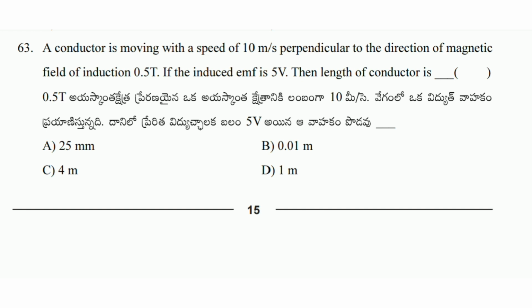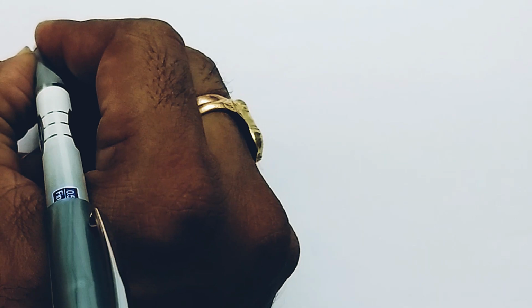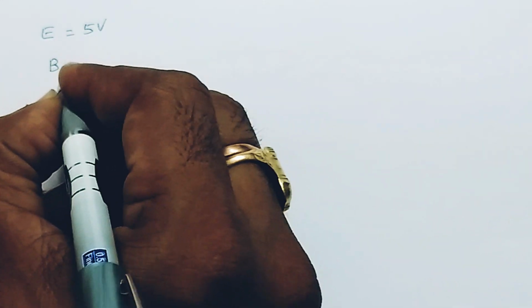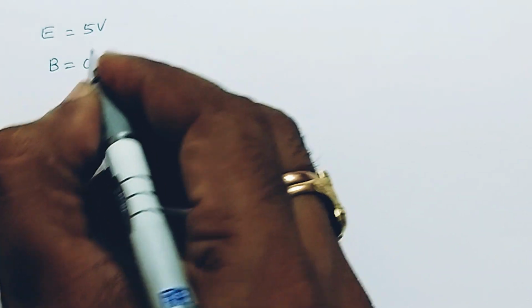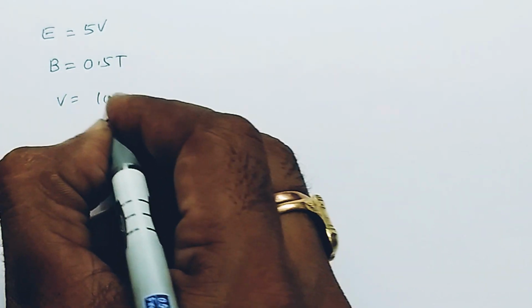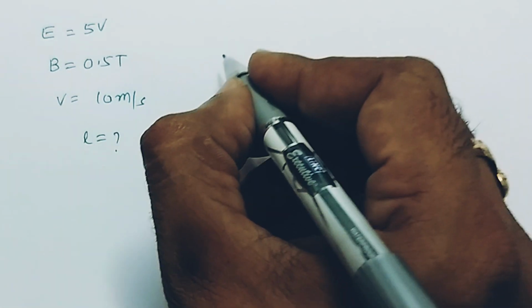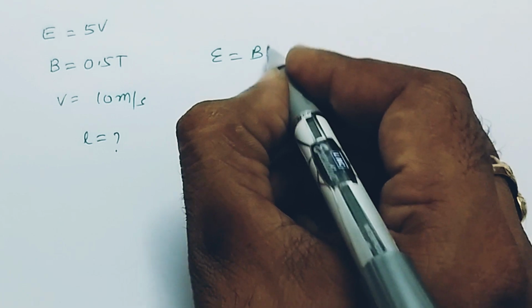When coming to the next question, that is, a conductor is moving with a speed of 10 meters per second perpendicular to the direction of magnetic field of induction 0.5 Tesla. If the induced EMF is 5 volts, then the length of the conductor is. Here the EMF is given, that is 5 volts, the magnetic field induction 0.5 Tesla is given, and velocity is given as 10 meters per second, and the length of the conductor is to be found. That means E is equal to BLV.